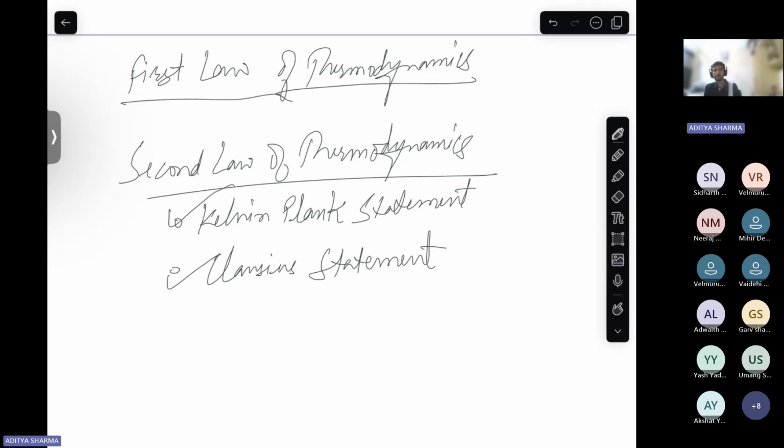So both these statements talk about devices, right?